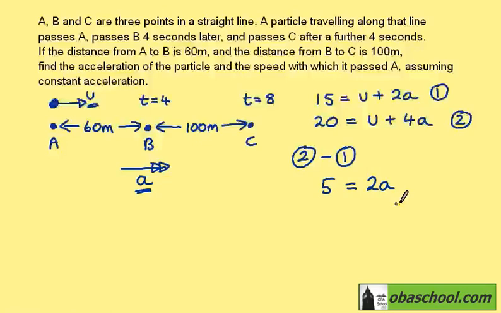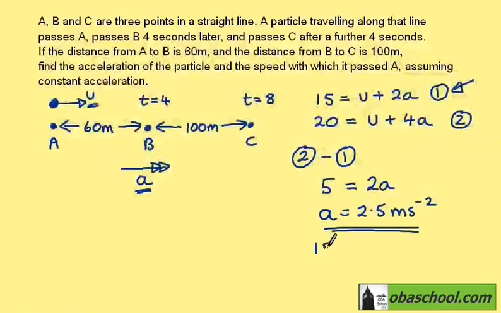Dividing both sides by 2 then gives us that a is equal to 2.5 meters per second squared. Substituting this value back into equation 1 gives 15 is equal to u plus 5, so u is equal to 10 meters per second.